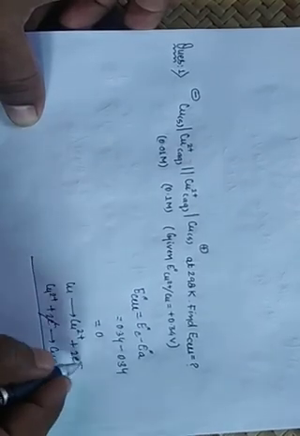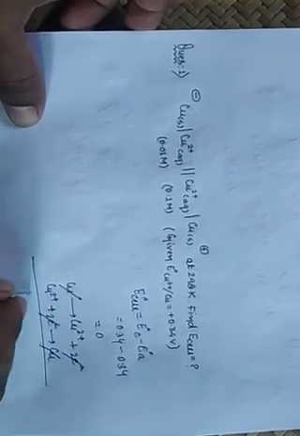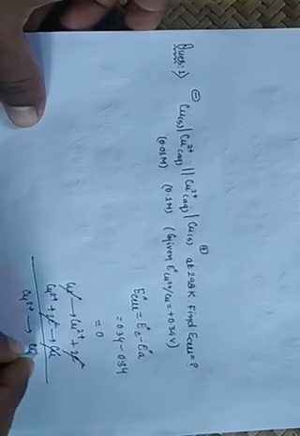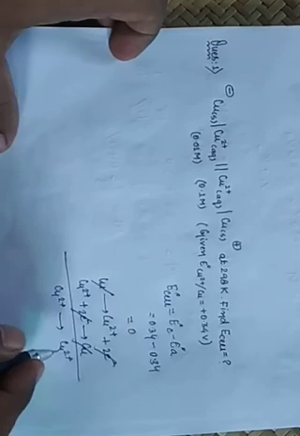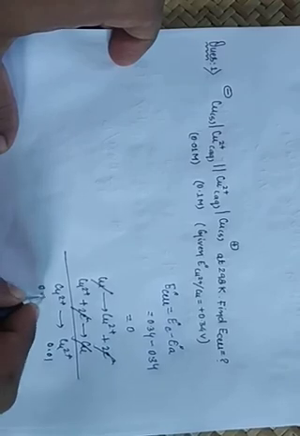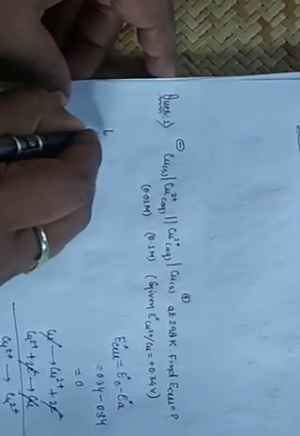Now the 2 electrons are the same, but the concentration of this Cu2 plus and that Cu2 plus is different. This Cu2 plus concentration is 0.01, and this one is 0.1. Now you write the formula again.